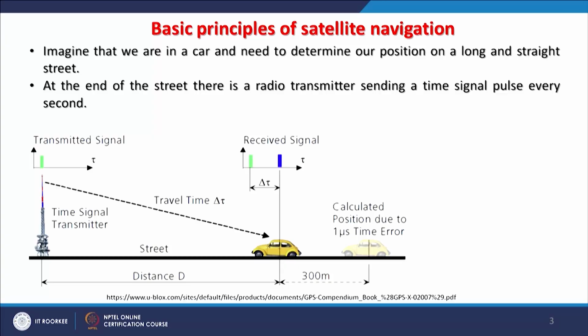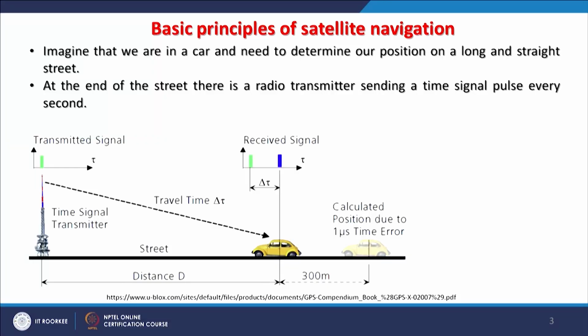Now we will see that these signals contain some other data sets also. But before that, we will take a scenario where, first, on the ground, using a transmitter tower and a car, we see how the position is determined, and then we will extend this whole concept to a space scenario. Say we have a car and need to determine our position on a long and straight street.